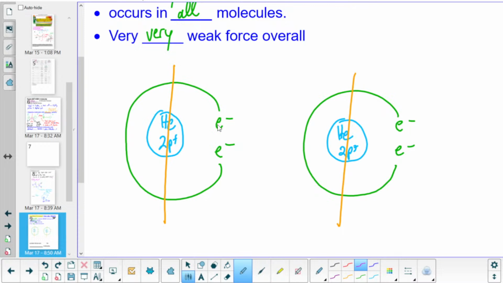If the electrons happen to be more on one side than the other, then we have for that brief moment a temporary negative side and a temporary positive side. And we'll get a very fleeting temporary dipole.